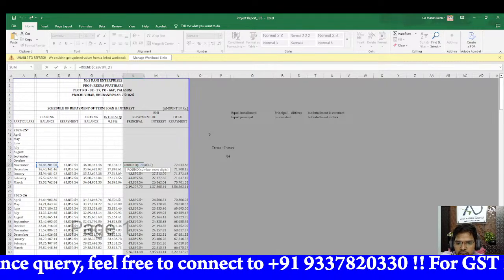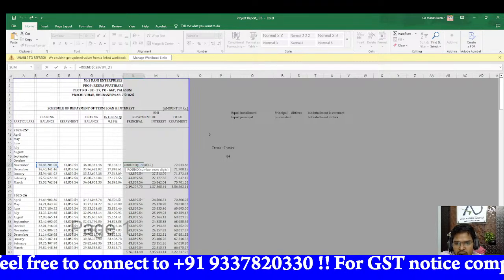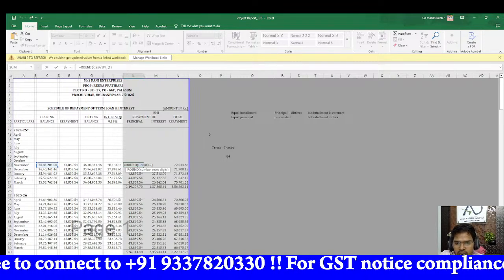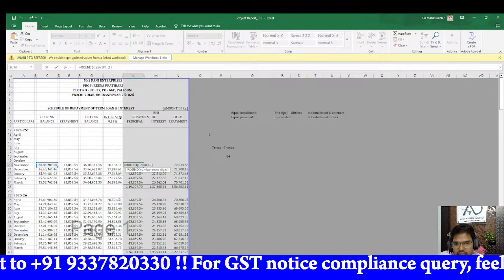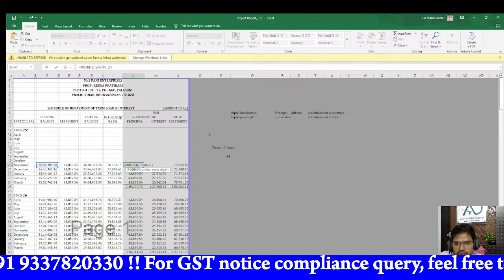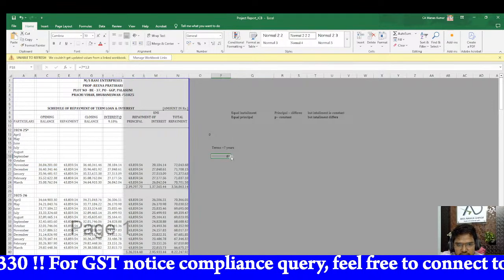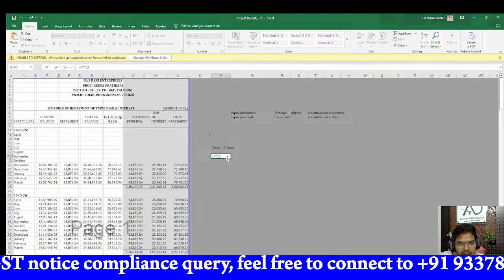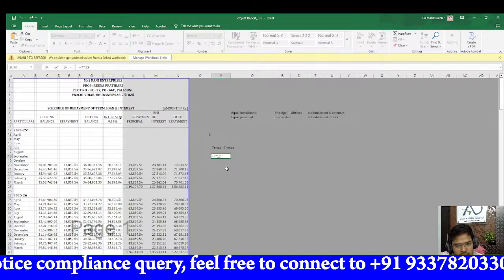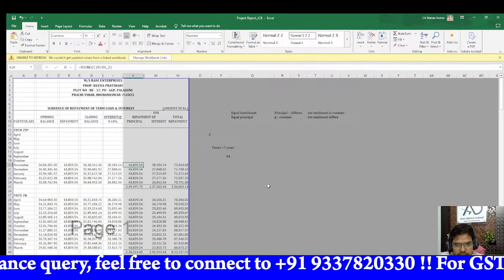The 84 is derived from the number of years of the loan into the number of months in a year: 7 into 12, 84. I think everyone has understood how the principal amount has been derived.